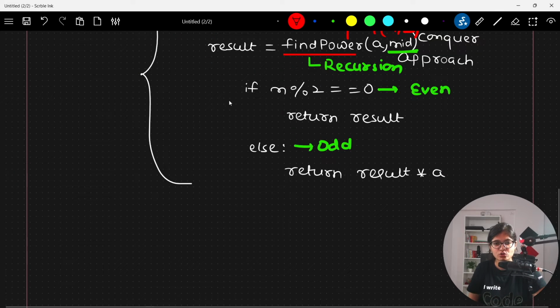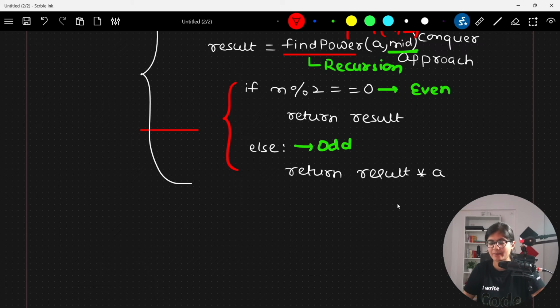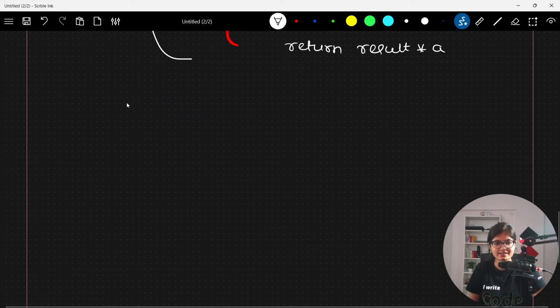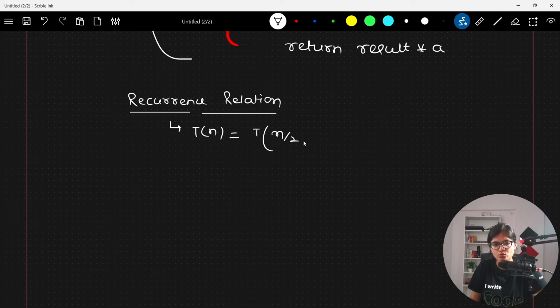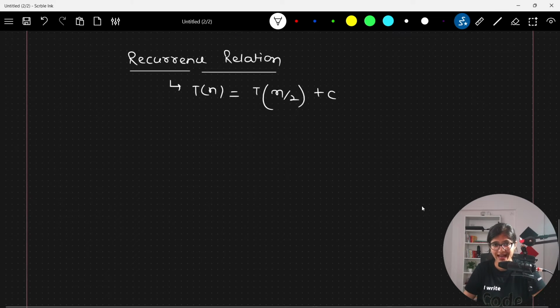And after that also, you are doing some very simple comparisons by applying some if-else condition, so it is also equal to C. So in a nutshell, the recurrence relation for this particular code is T of n equals T of n by 2 plus C. That's the simple recurrence relation that we have.